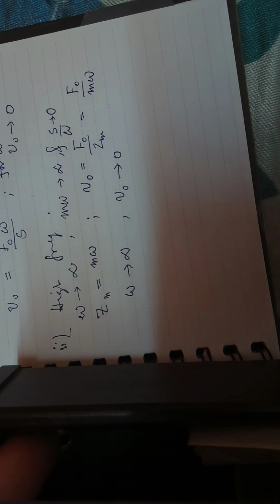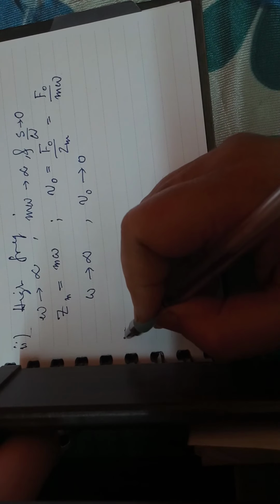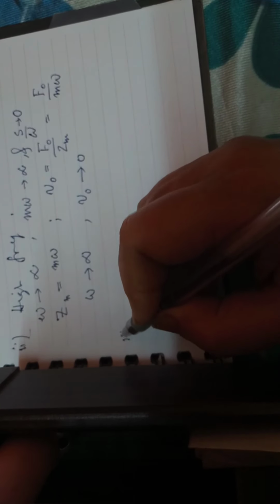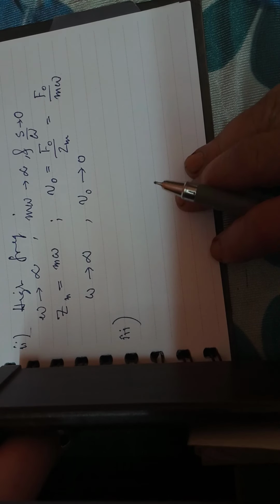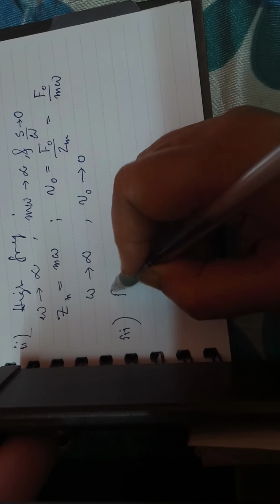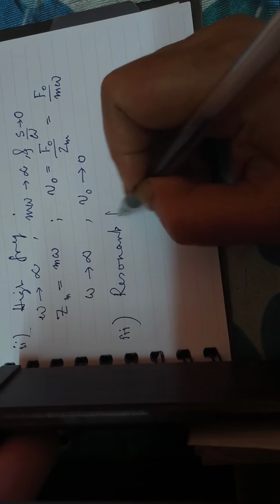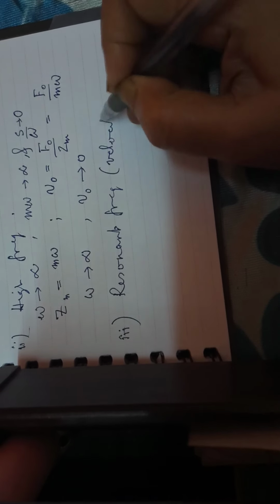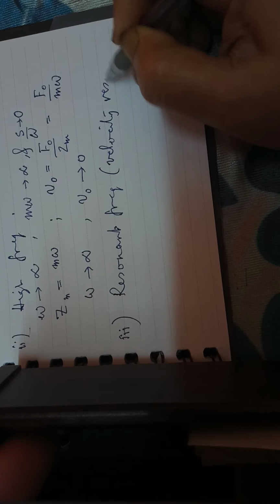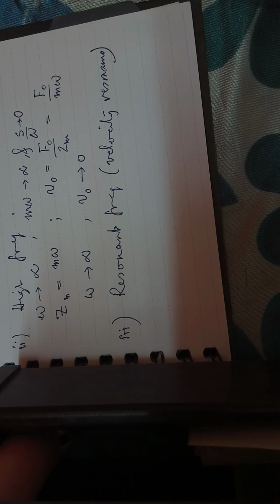Okay. So what happens at resonant frequency? This is the question that you get. You might be asked to explain all three cases, but in most cases you get this as a short note: resonant frequency, which is usually called velocity resonance. What happens over there?